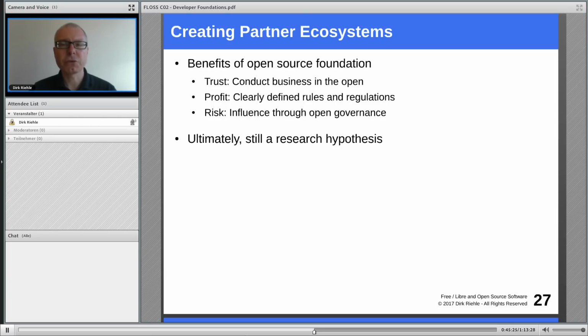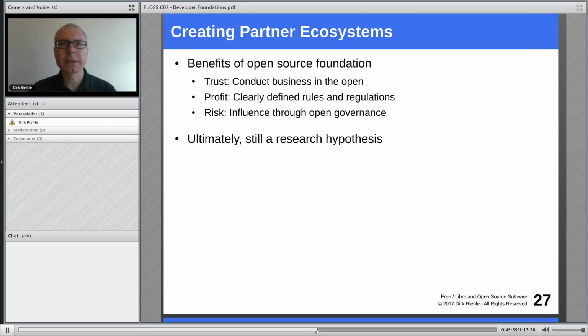Then, as part of the foundation, you set up the rules and regulations, and also possibly how money flows, if money flows. So it's clear how profits are made, and it gives any service provider a way out, for example, to decouple themselves from the original software vendor who provided the initial version of the open source software.